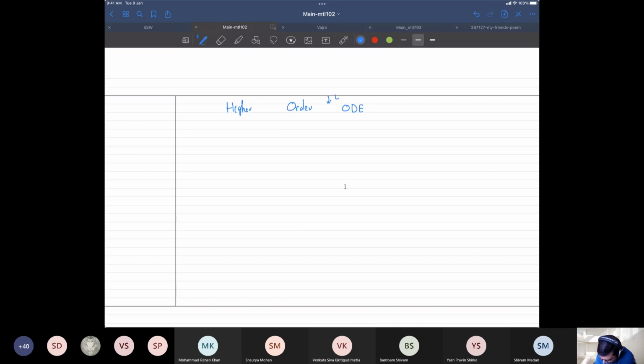Linear ODE. Because any higher order linear ODE can be written as a first order linear system of ODE.